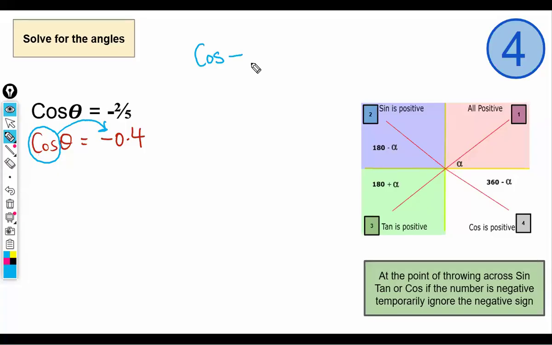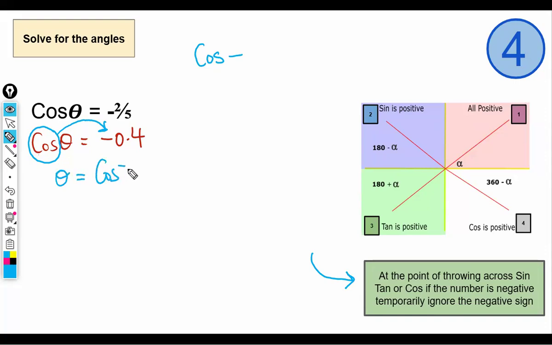All right, when it's a minus question or a negative question, we know it's a little bit harder. That's the note over here, right? It says whenever it's a negative question, at the point of throwing across a sine, tan, or cosine, if it's negative, ignore the negative sign. All right, that's what the note says. That is why I do it.